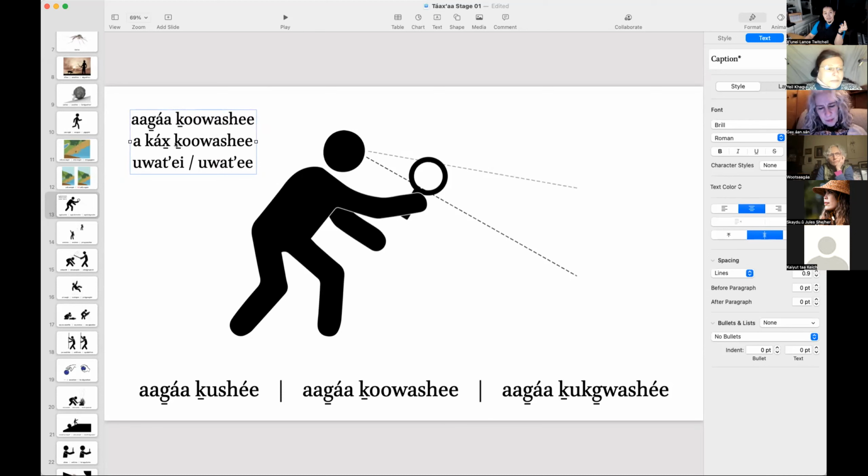Akachhuashi, they found it while looking for it. Uwat-e or uwat-i, they found it without looking for it. They just came upon it. So those are three similar concepts, but in terms of the meaning, they are quite different.